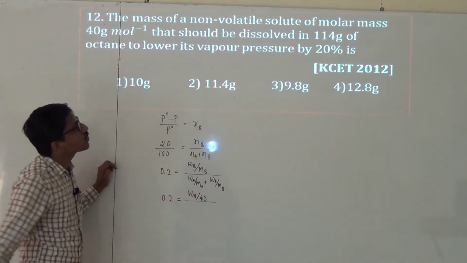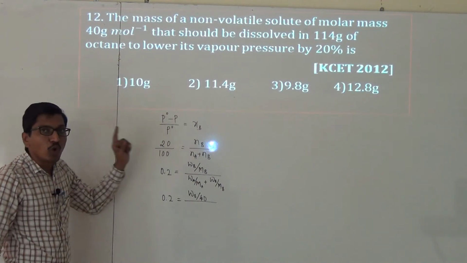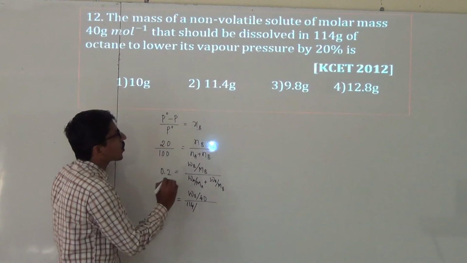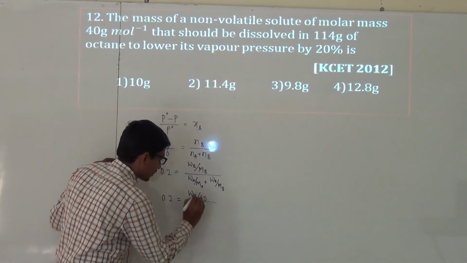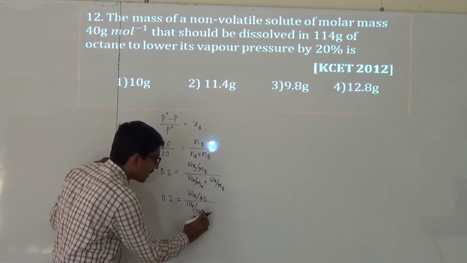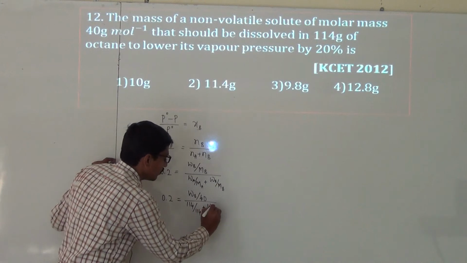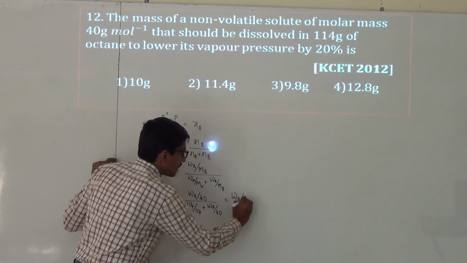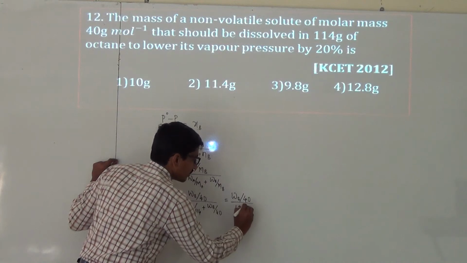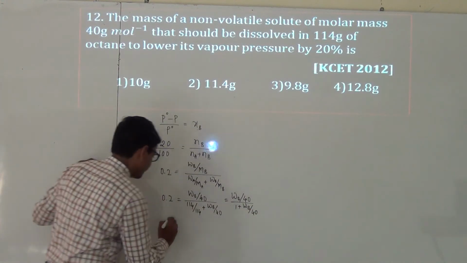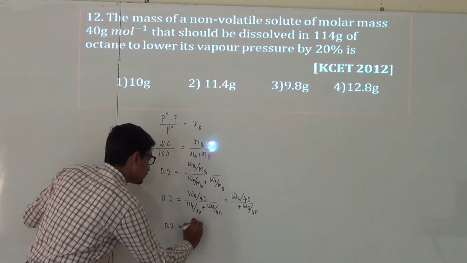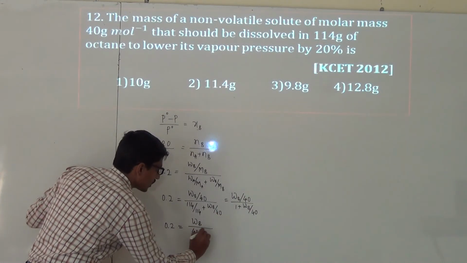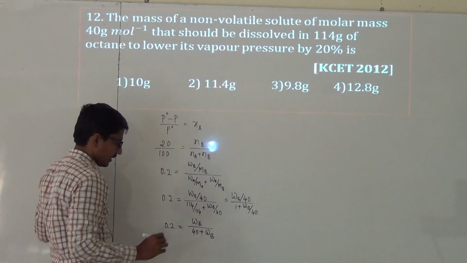and the solvent is octane. Sorry, the molar mass of octane is 114 and its mass is also the same. So, this is equal to WB by 40 divided by 1 plus WB by 40. 0.2 is equal to WB, LCM is 40 plus WB.